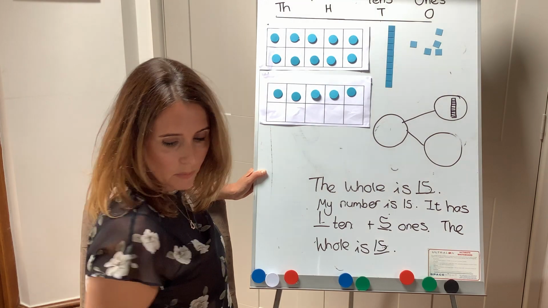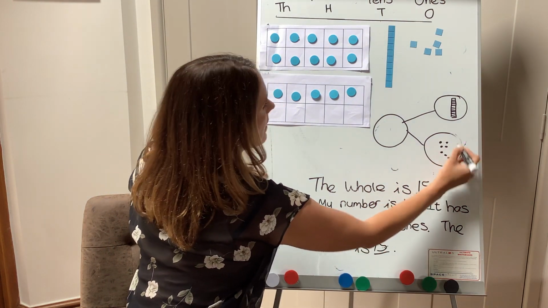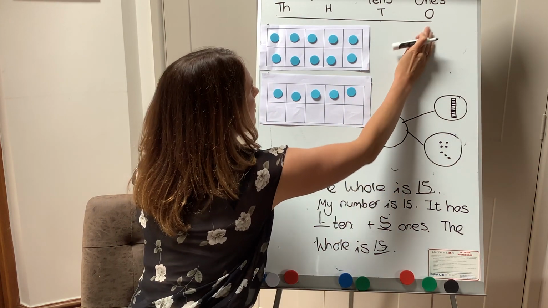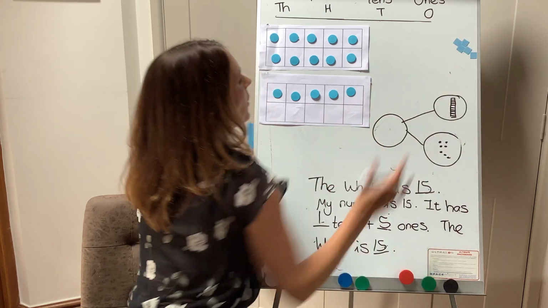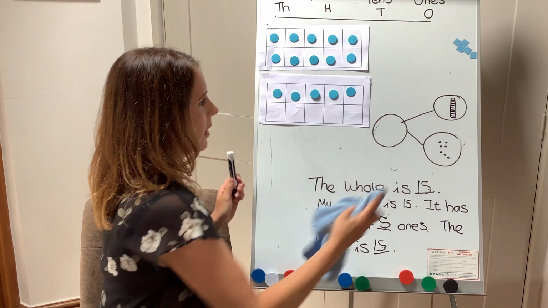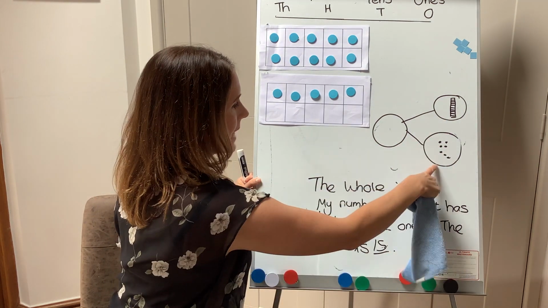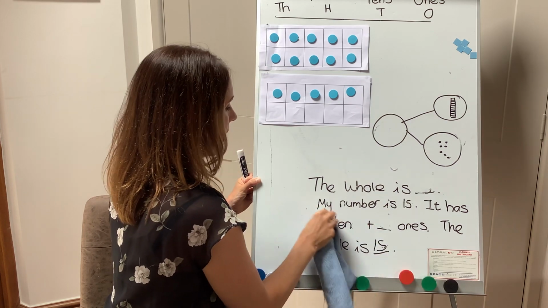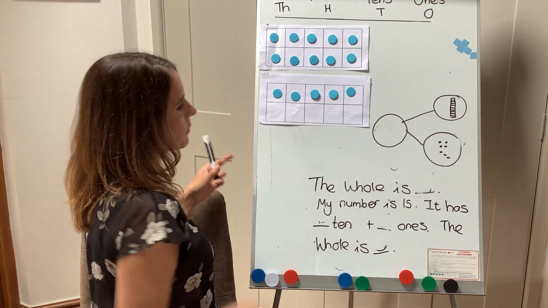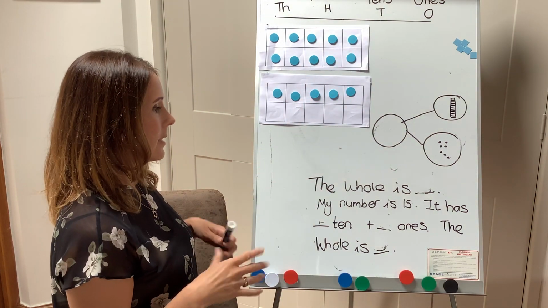And I have got 7 ones. What number can you make using that now? So look at the two parts. What is the whole going to be when you've got 1 ten and 7 ones? And then make it using base 10, using the straws, using the counters, using the little 10 sticks and the 1 drawings. Off you go.